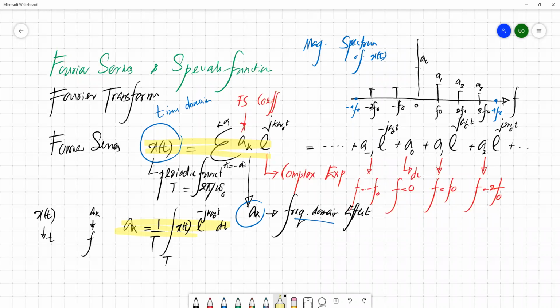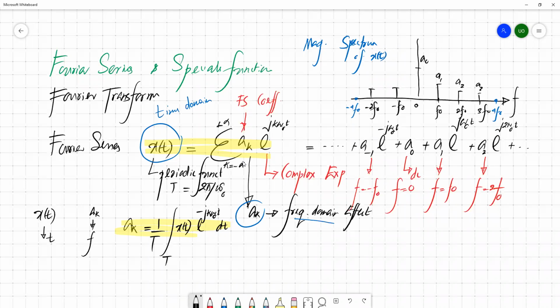So if you want to apply Fourier series, this is the equation. We can simply say any periodic signal can be converted into an infinite sum of complex exponentials. The prefactors, or coefficients, of these exponential functions give the contribution of each and every frequency component.